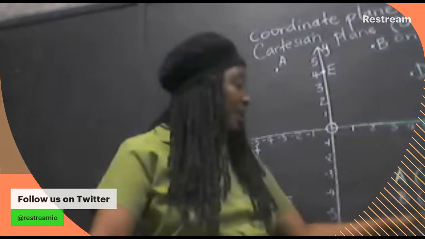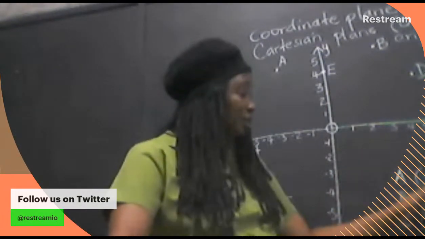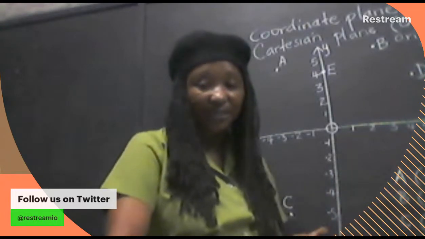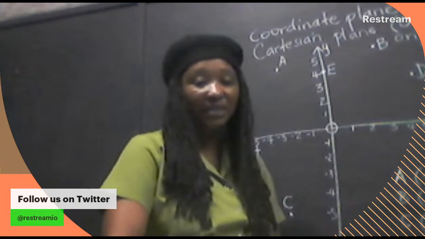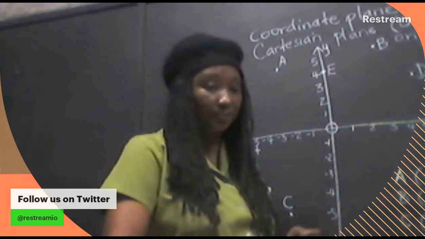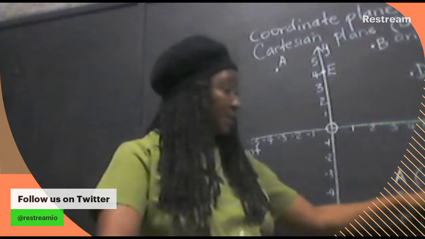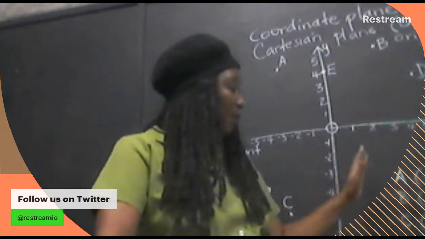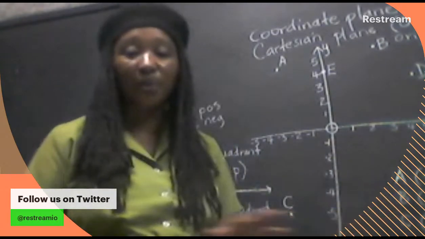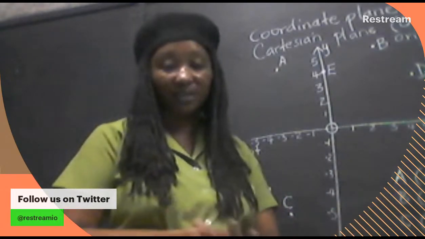Remember, for the coordinate pairs, the first number tells you where to move on the x-axis, and the second number tells you where to move on the y-axis. That's very important. Again, we're not going to be using letters, I just use the letters for the purpose of this course.